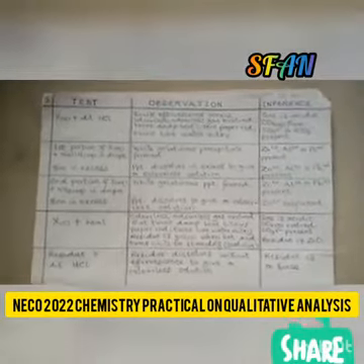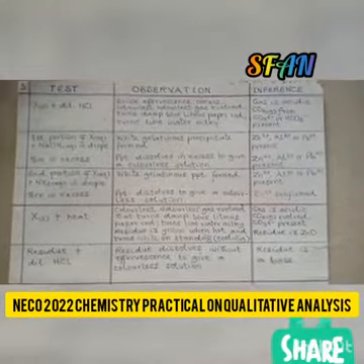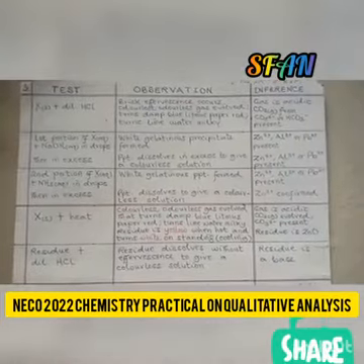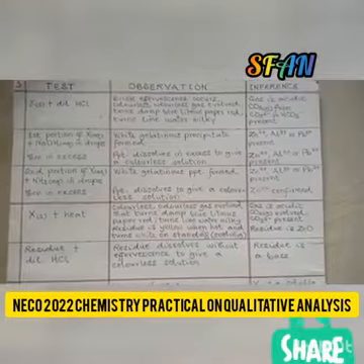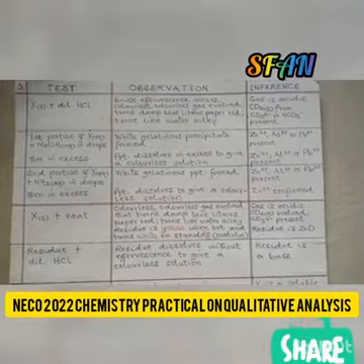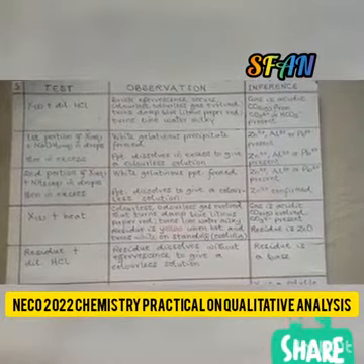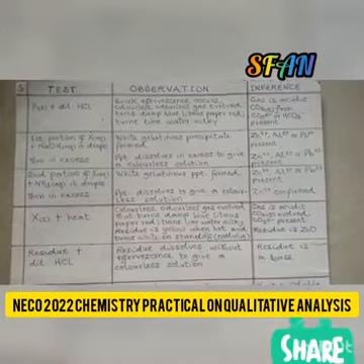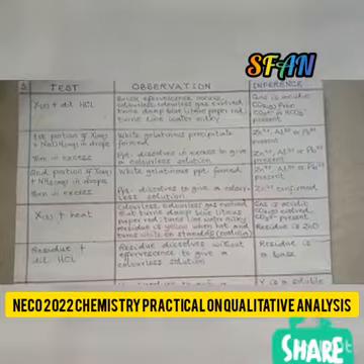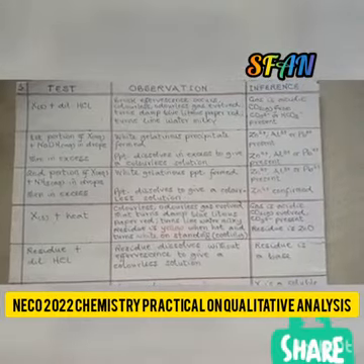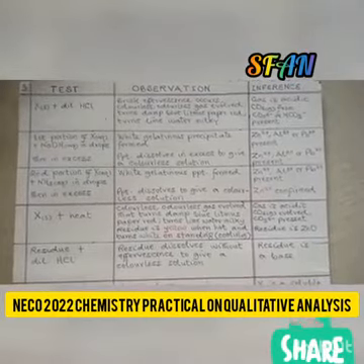So this is the table. When you add dilute hydrochloric acid to X, you notice brisk effervescence. Then we divided it into first and second portions and analyze for cations with sodium hydroxide and aqueous ammonia. The observations and inferences are written there.